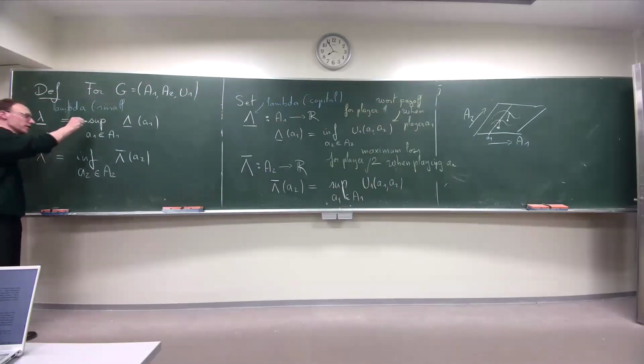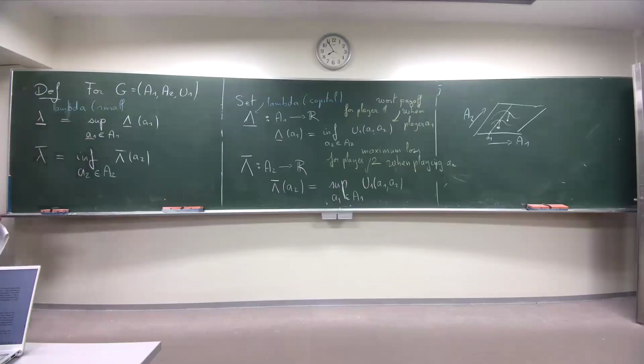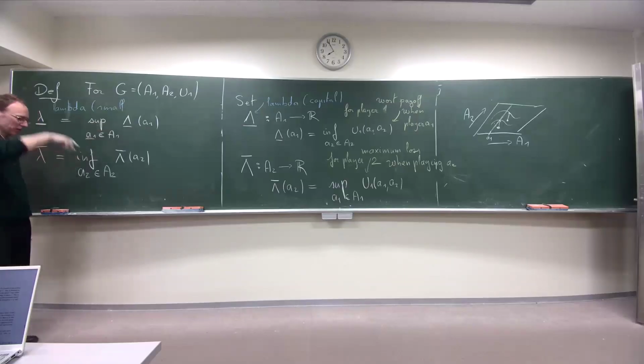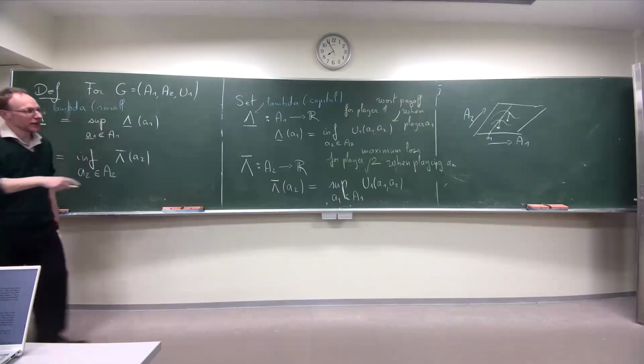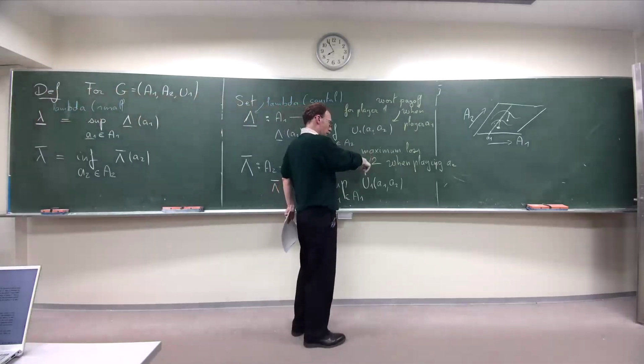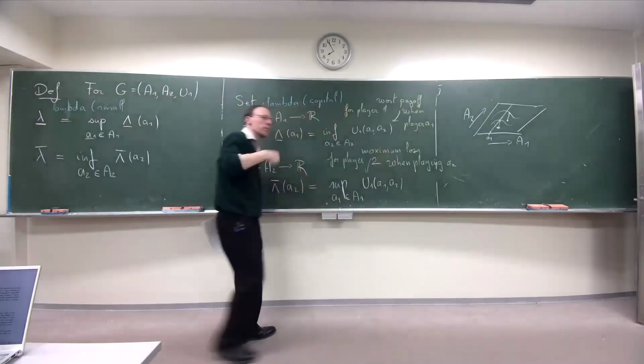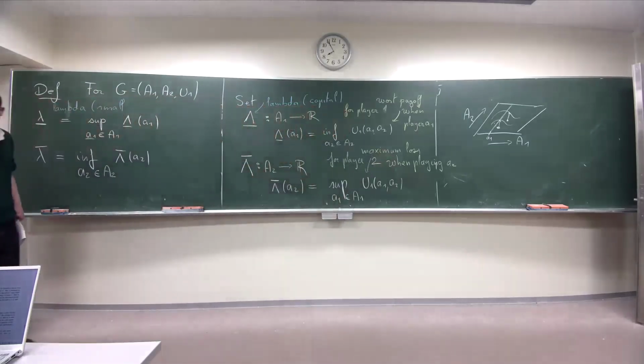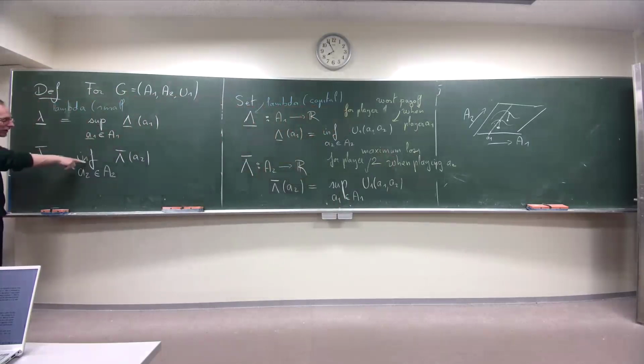That's why you take the sup. On the other hand, it's a little bit more difficult because you need to add a sign. For player two, this is the maximum loss, so he wants to minimize the maximum loss, so he will play the A2 which gives you the infimum among all A2.